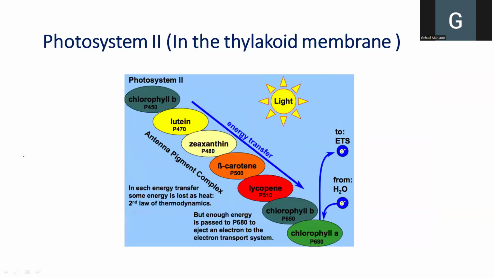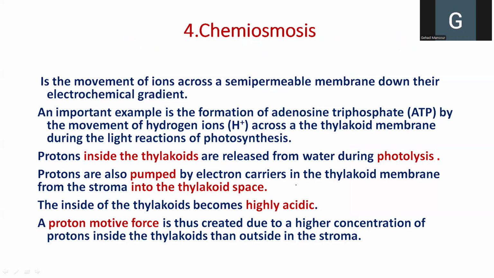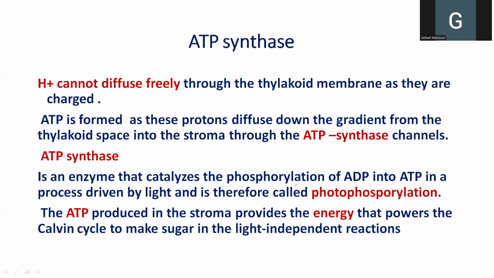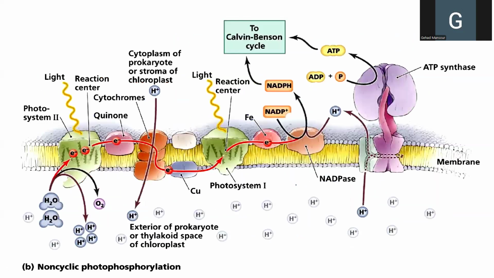There was a diagram like this one that shows you how the accessory pigments have different absorption spectra, meaning that lutein, for example, absorbs maximally at a 470 nanometer wavelength, whereas zeaxanthin and other pigments absorb maximally at different wavelengths.